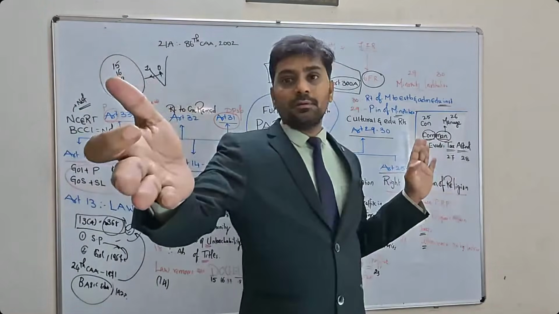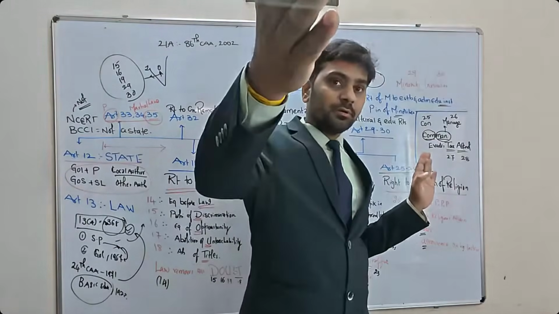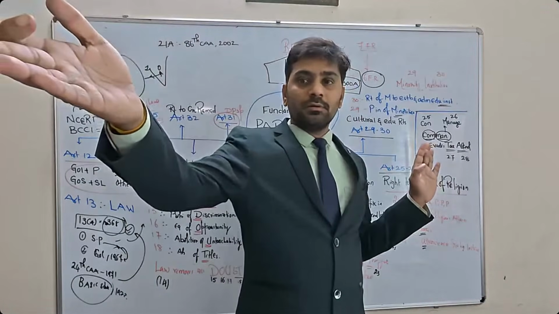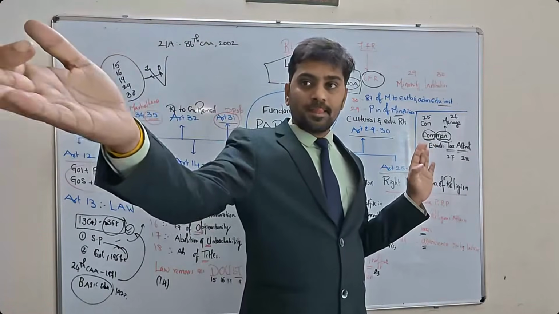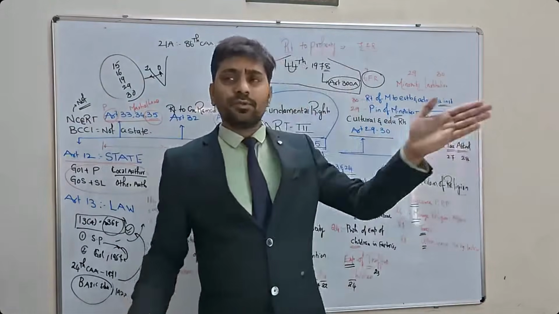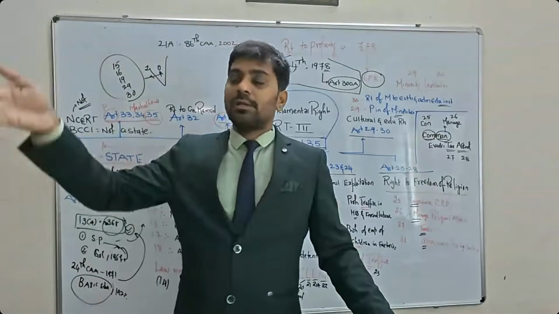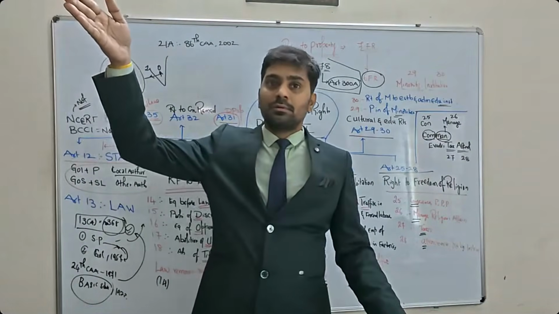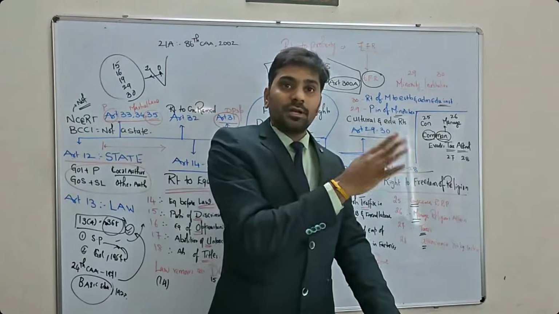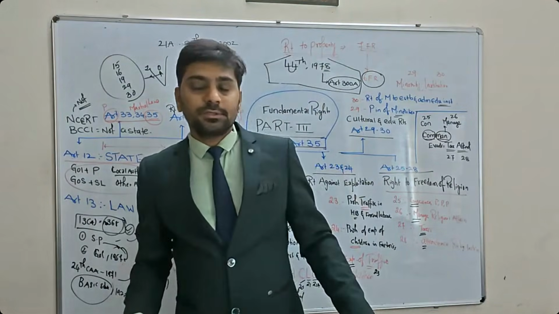Karnataka 6, Andhra 5, Telangana 4, Tamil Nadu 3, Kerala 2. Next is Tamil Nadu 3. Andhra 5. Next is Telangana 4. Karnataka 6. Goa 2. These are the things.